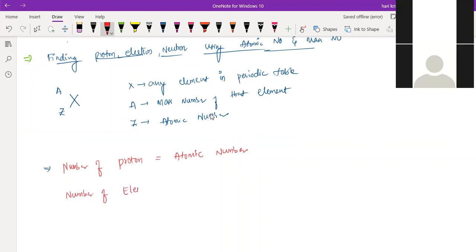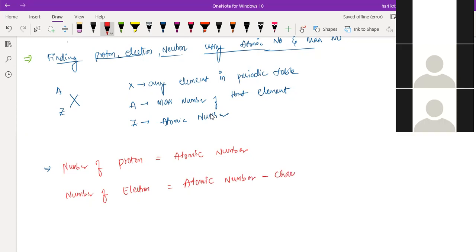The number of electrons is always equal to the atomic number minus the charge on the element.